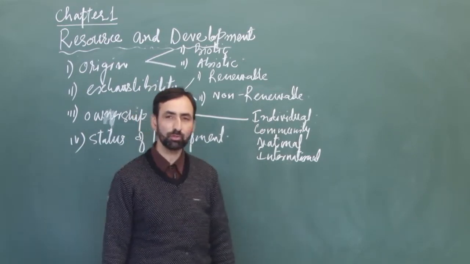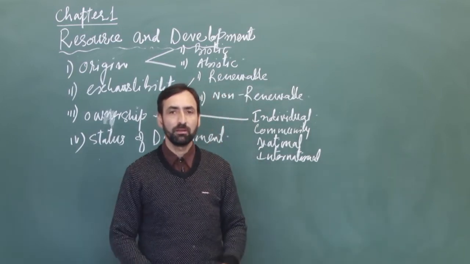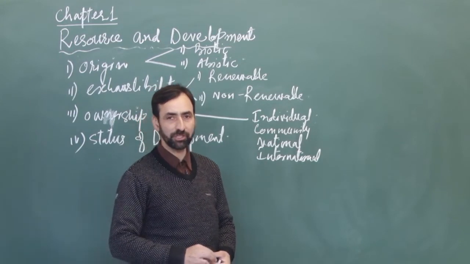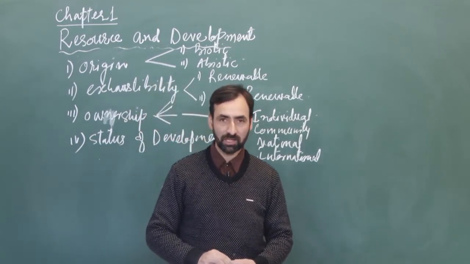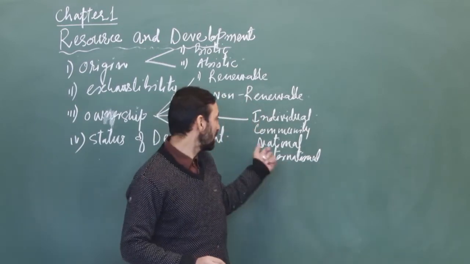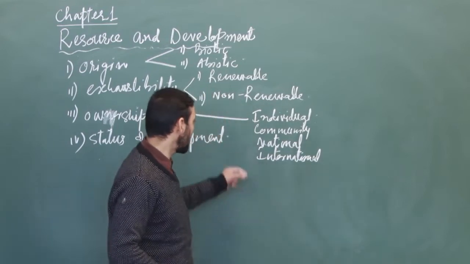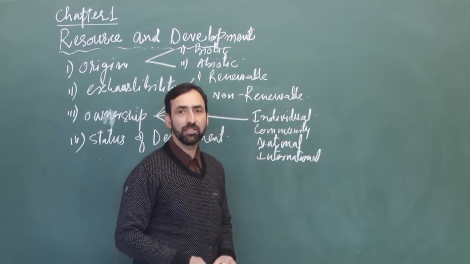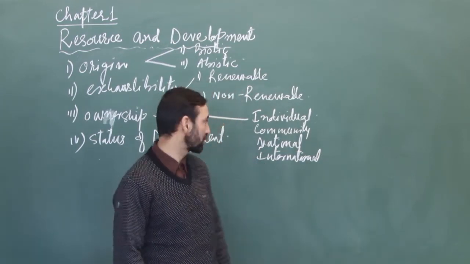National resources are those resources which belong to a particular nation. It includes the roads, natural vegetation, forests, wildlife, rivers and the water. These are all national resources. But India has one advantage, that its southern side is connected with water resources.